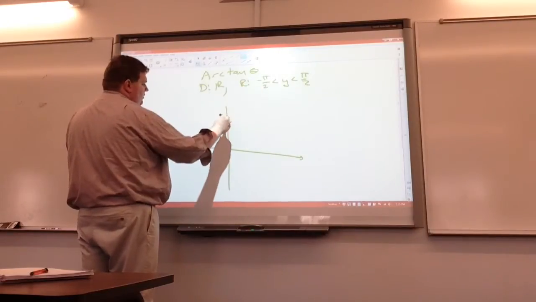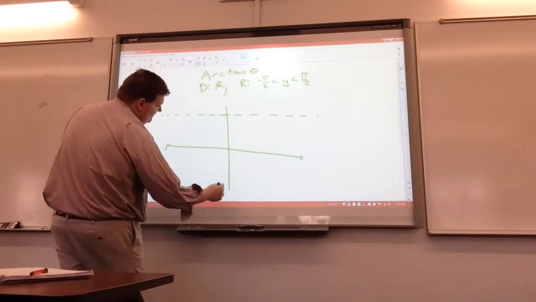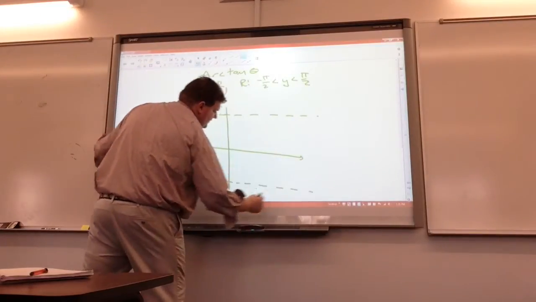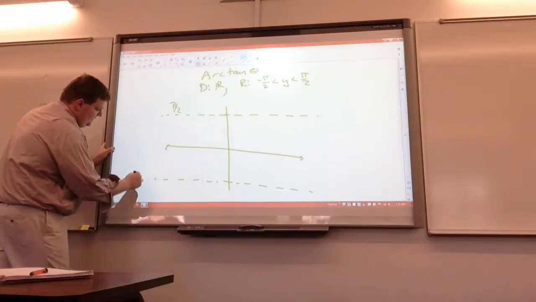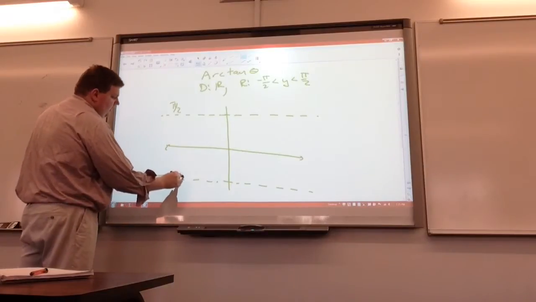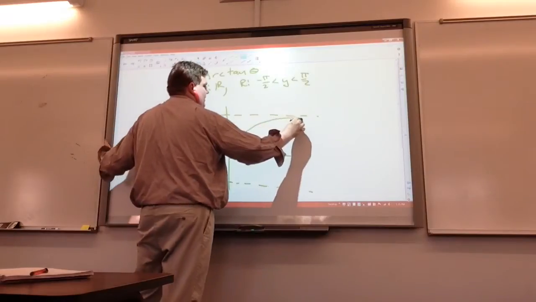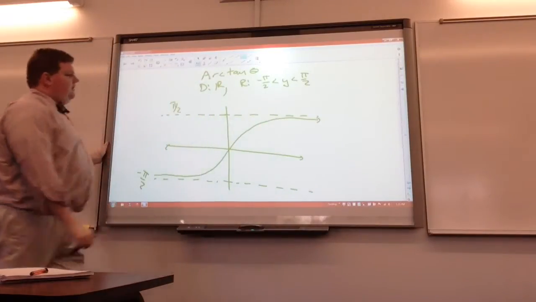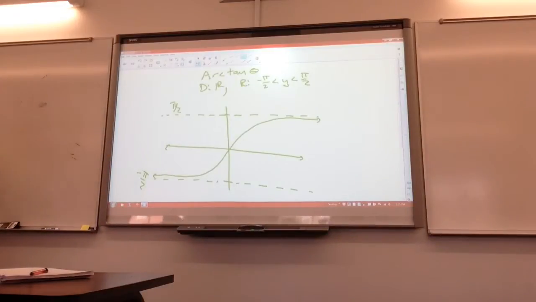But at pi over 2, I have a horizontal asymptote, and at negative pi over 2, I have a horizontal asymptote. This graph hugs the asymptote, comes in, crosses, and comes out like so. So it's that tangent graph rotated around, that we saw before.